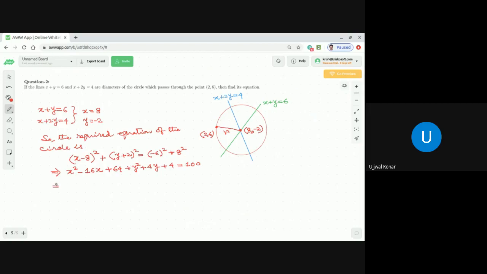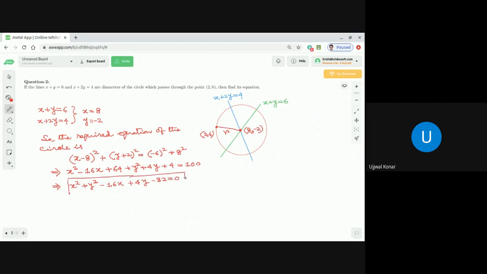So from here, what are we going to get, dear students? x square plus y square minus 16x plus 4y minus 32 is equal to 0. So this is the required equation of the circle.